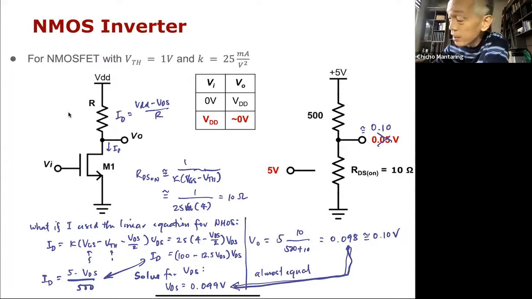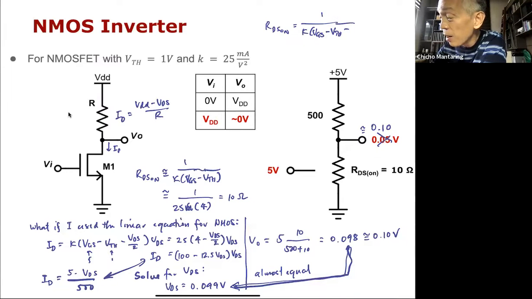Meaning to say, when we use the RDS on approximation, this is only an approximation. Actually, RDS on is equal to 1 over K times (VGS minus VTH minus VDS over 2). But we don't know the value of VDS. We know that it is usually very small compared to VGS minus VTH.